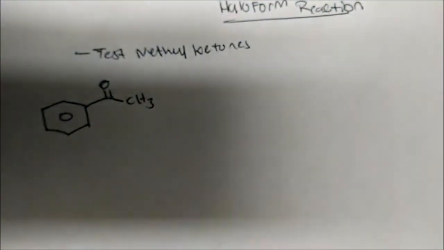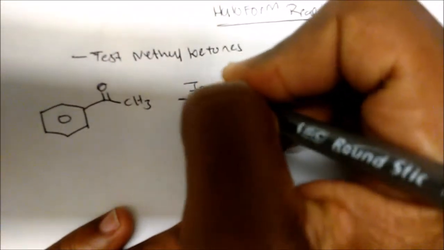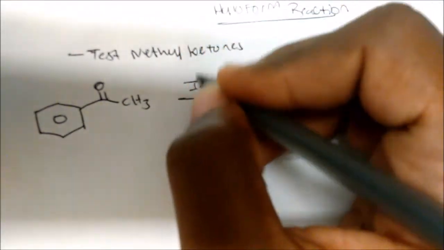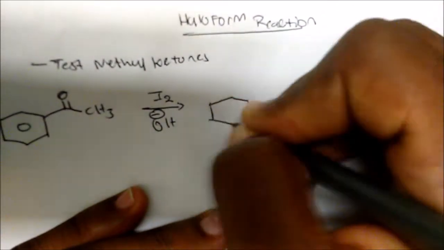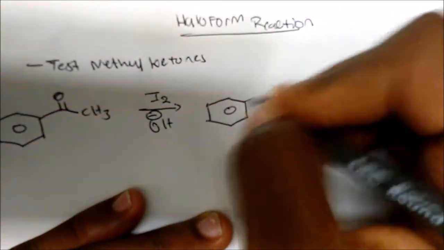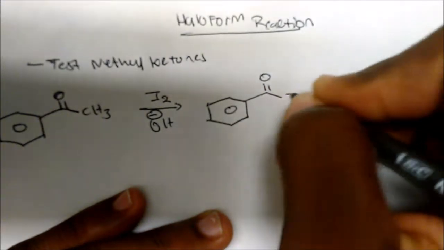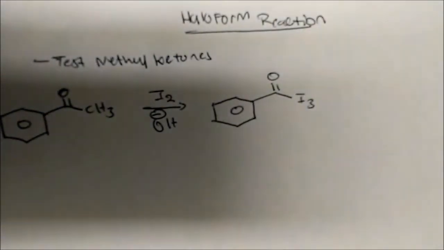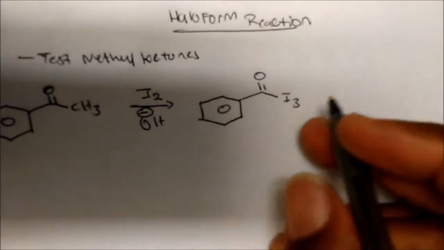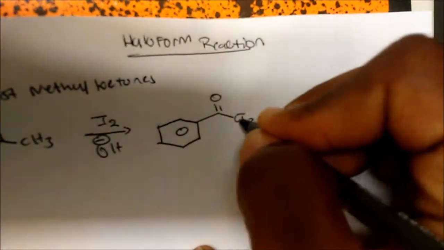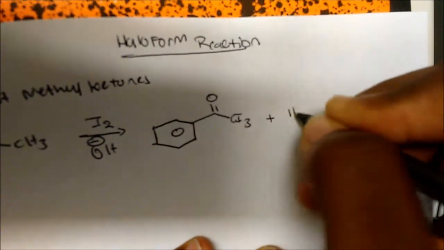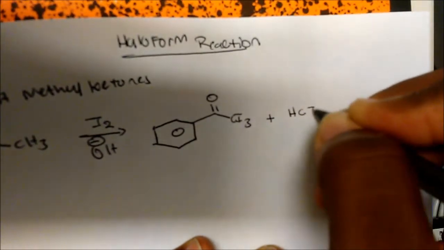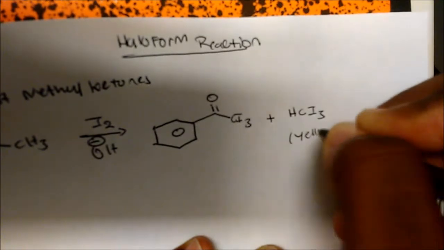If I take acetophenone and I add I2 in base, OH minus, this reaction will actually go, and I'll eventually get CI3, substituted for all three hydrogens, plus iodoform, which is a yellow solid.